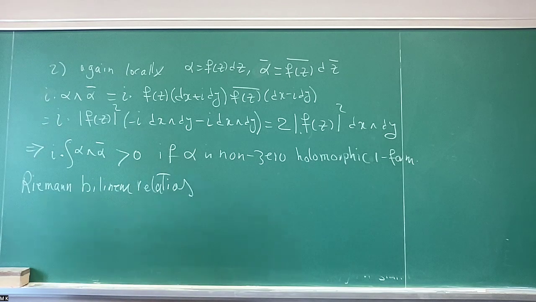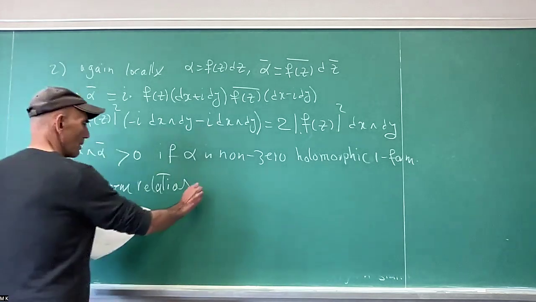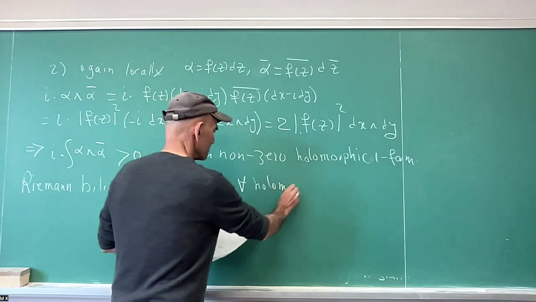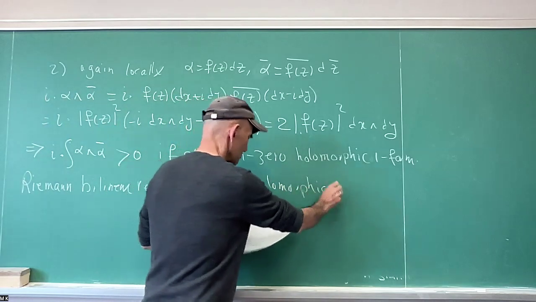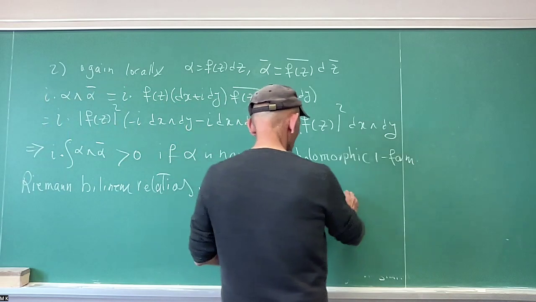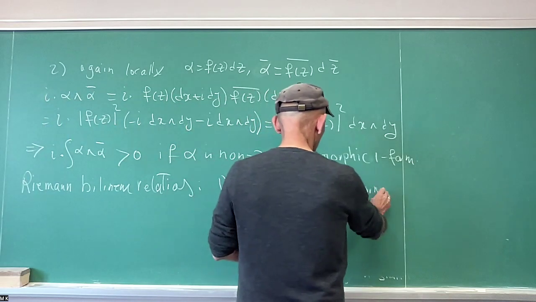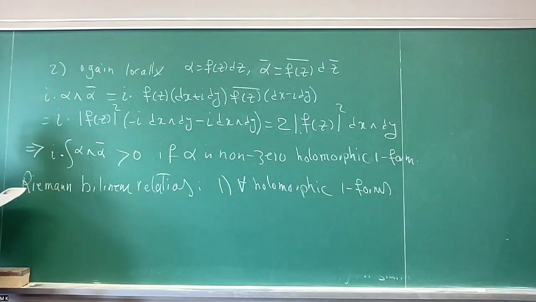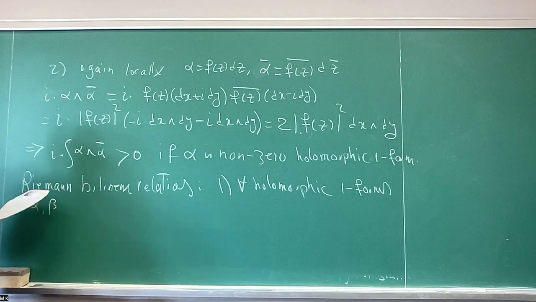So the first part is, for any two holomorphic one forms omega and eta. I just use a different notation. I just use alpha and beta as before, not omega.